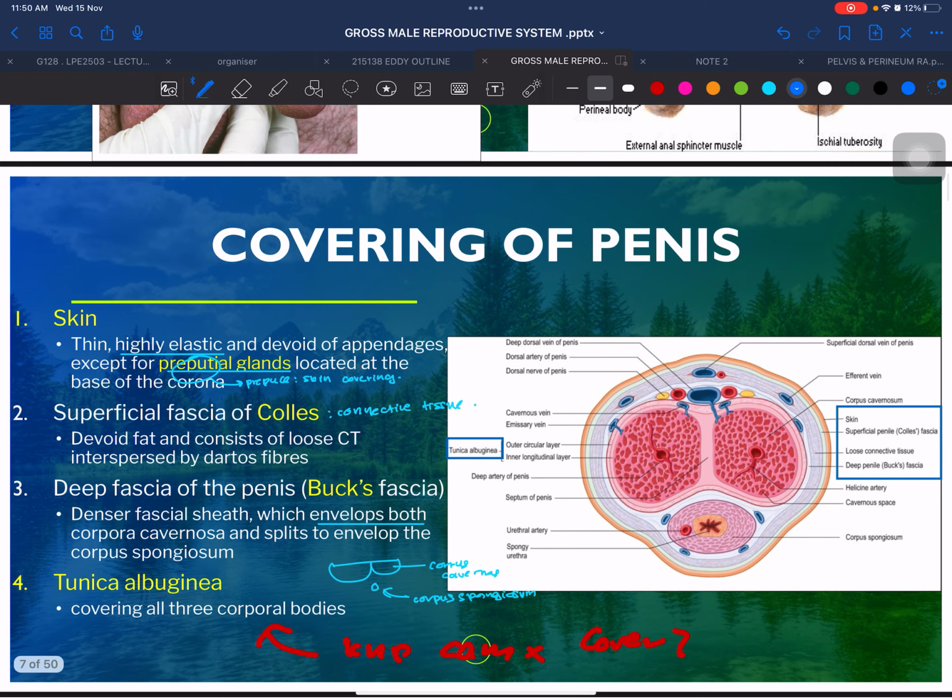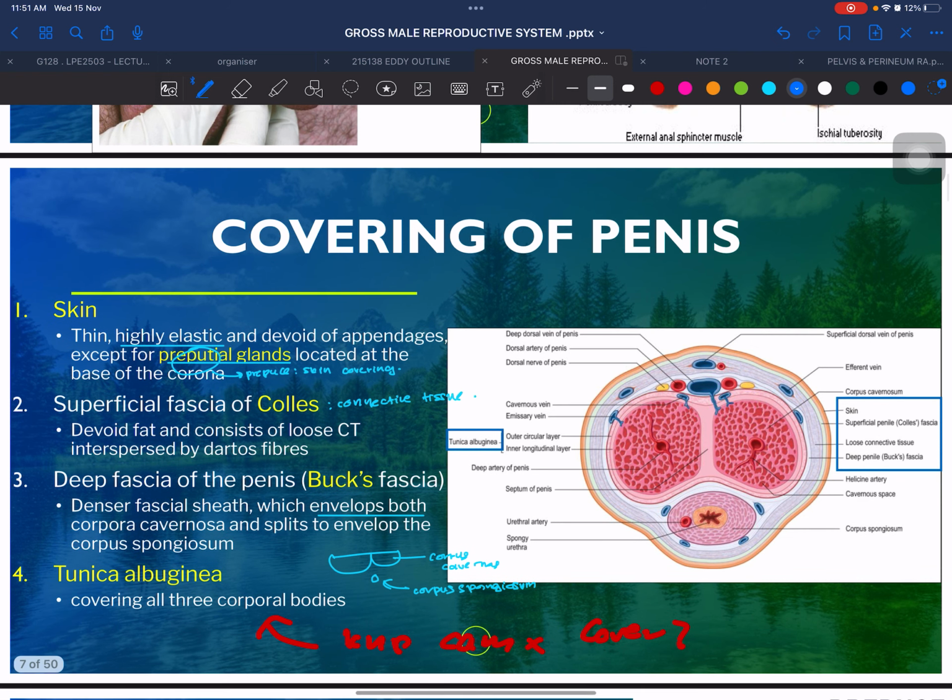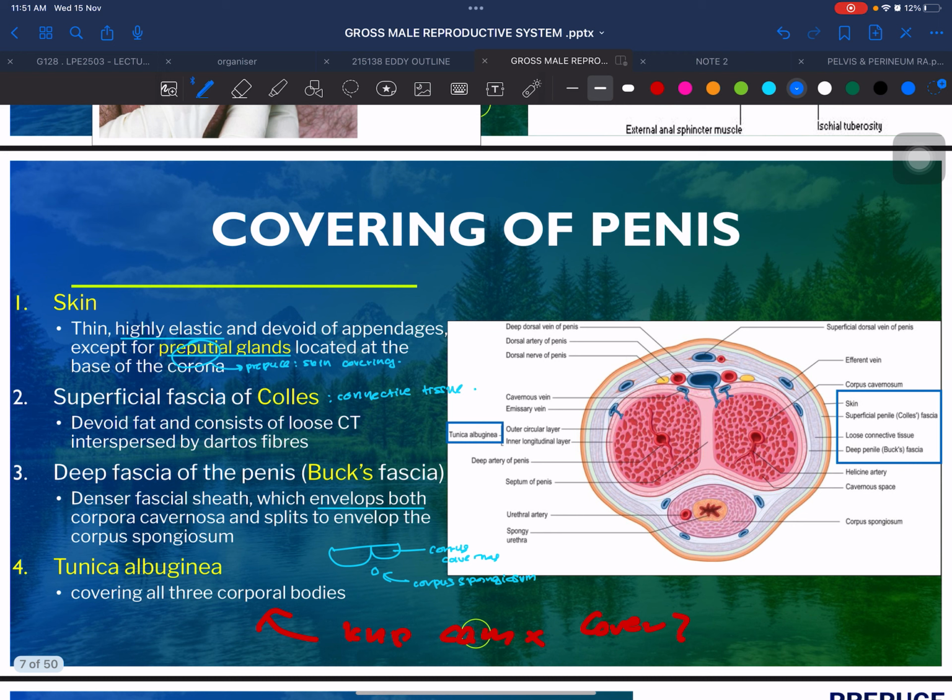Okay. So what are the coverings of the penis? Okay, from the outside, skin. This is skin, thin and highly elastic and devoid of appendages, devoid of glands, except the preputial glands located at the base of the corona. Okay, then superficial fascia, devoid of fat and consisting of loose connective tissue interspersed by dartos fibers, and then Buck's fascia, deeper.